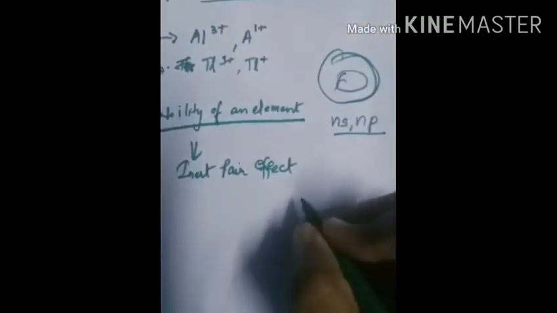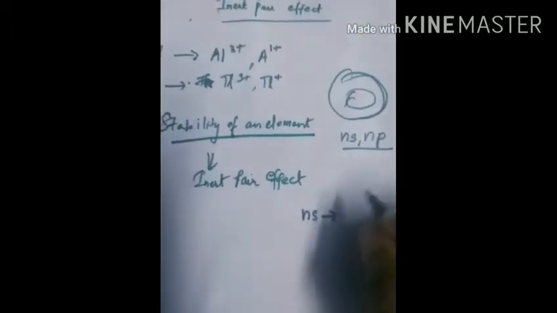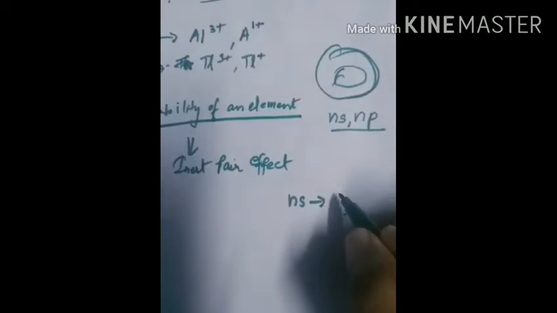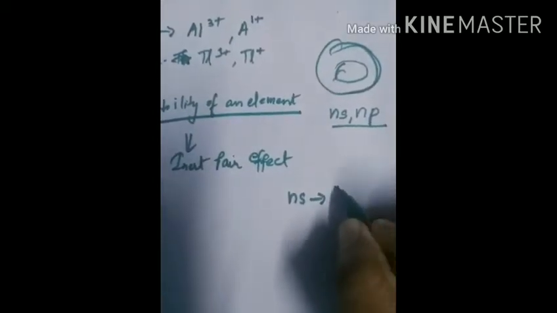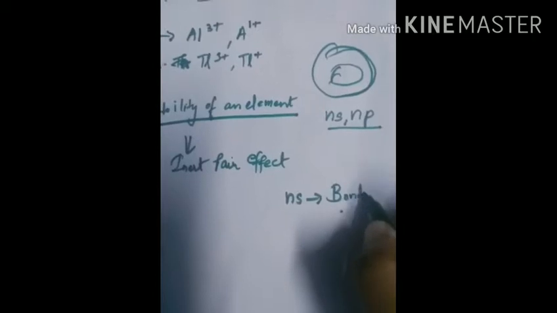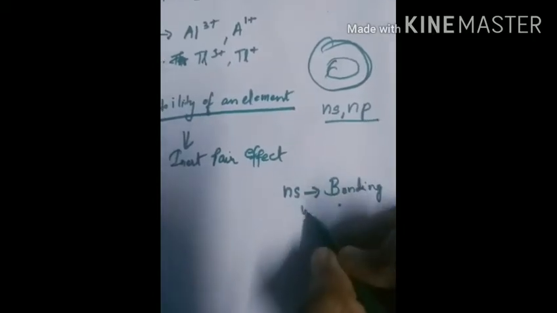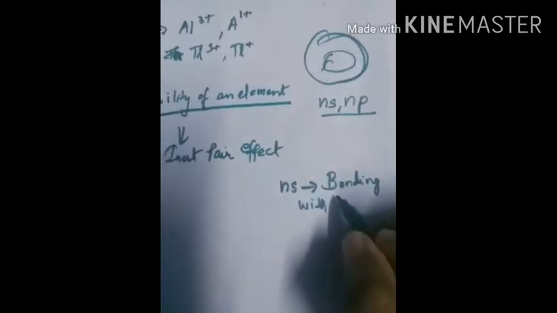So in the NS and NP shells, the NS electrons will never let the bonding happen. The bonding with NS electrons will be inert.